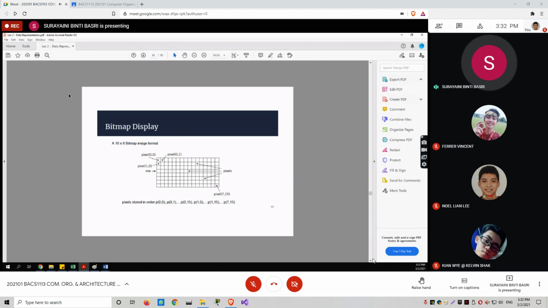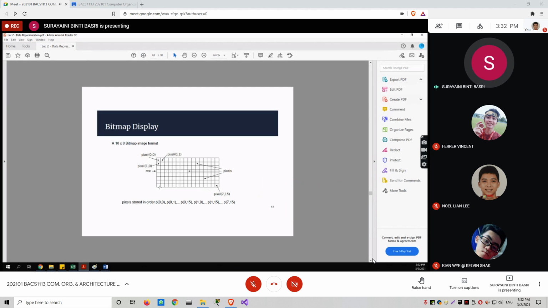Okay, so this is a visualization of what a pixel is. This is if you have 16 pixels in width and 8 pixels in height. So this is the pixel.